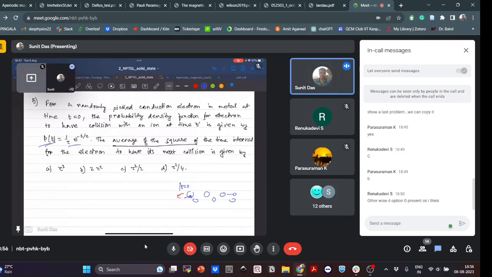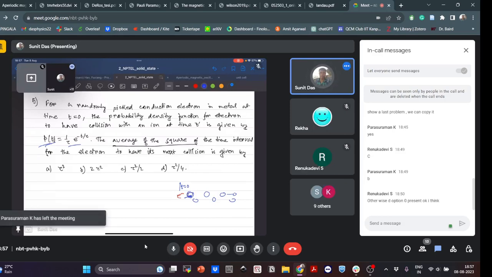Now we need to find the average of the square of the time interval for the electron to have its next collision. So this was, suppose, the first collision, then this will be the second collision. Now there will be some time interval between this and this collision.